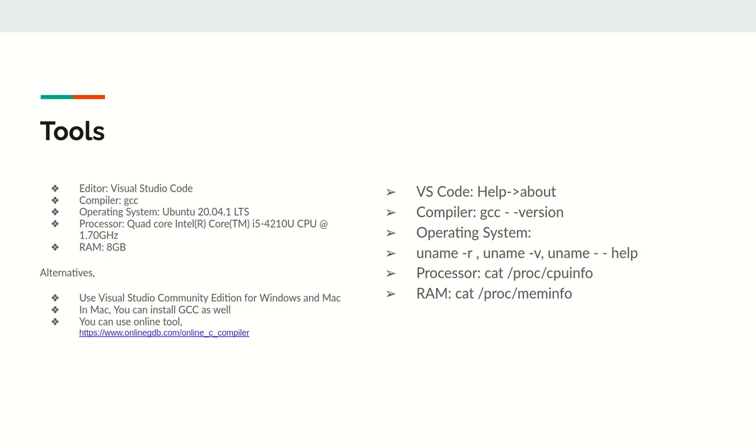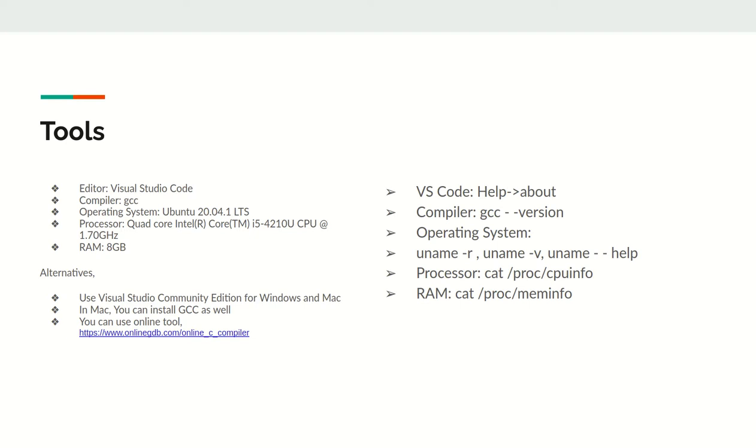The system is running the operating system Ubuntu 20.04.1 LTS, and the processor in this system is quad-core Intel i5, and RAM is 8 GB. You can use alternative tools like Visual Studio Community Edition for Windows and Mac, or you can install GCC in Mac.